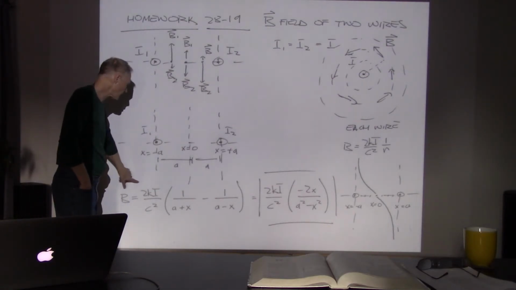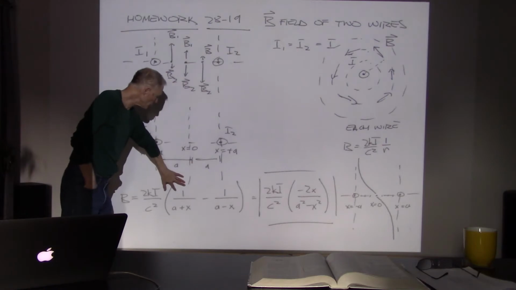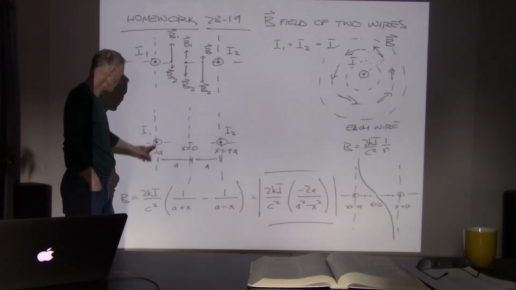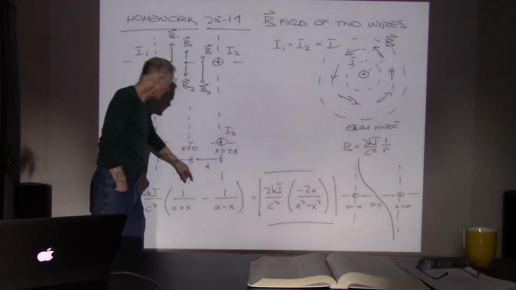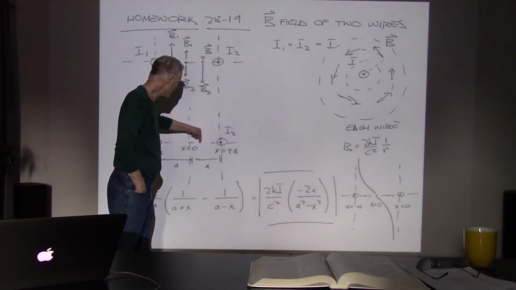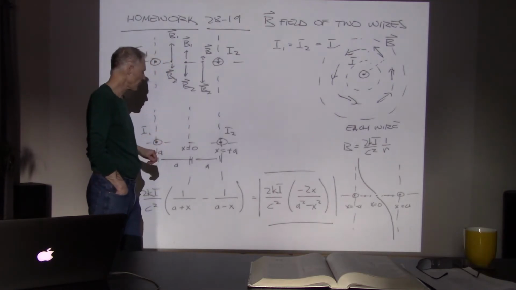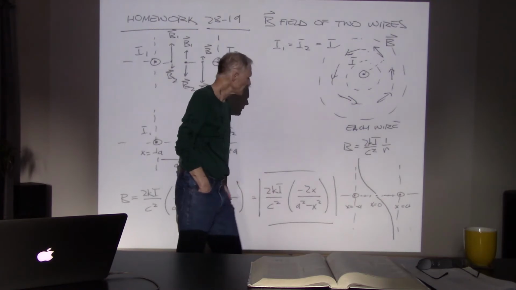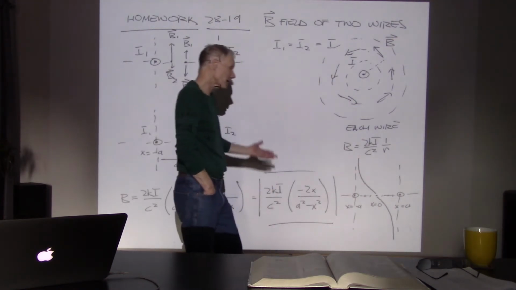So I just put the two contributions: a contribution in the positive direction from here, from I1, and then going in the negative direction, measuring distances out away from I2, and then combined those algebraically to get this formula, and graphing it, it looked like that.